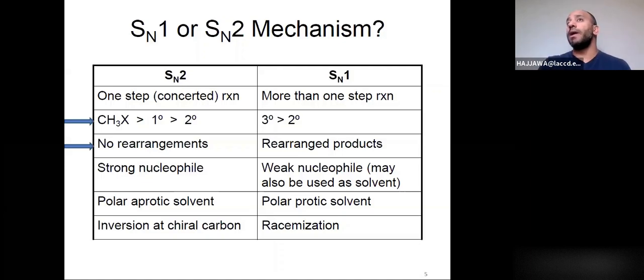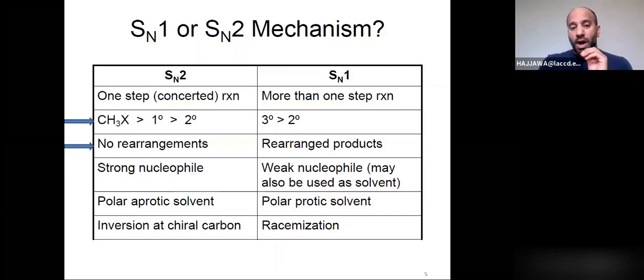If it's a primary alkyl halide or a methyl X, don't go through an SN1 mechanism, because these structures are so unstable as carbocations that they don't want to go through that route. So they will always be attacked by the nucleophile in a concerted mechanism pathway to give you the inversion of configuration structure.